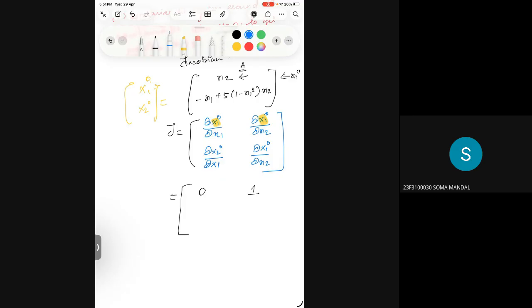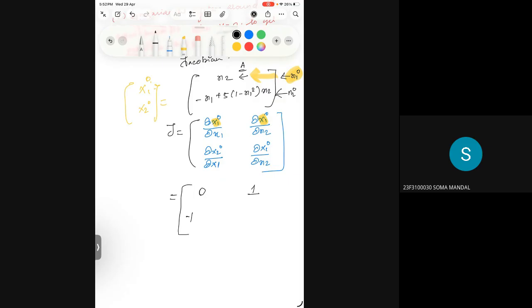So the first thing is I'm differentiating x1 dot, this row, by x1. That is 0. There is no x1 term. Again, I'm differentiating the same row with x2. The coefficient of x2 is 1. Now I'm differentiating the second row, x2 dot, by x1. So it will give me -1.